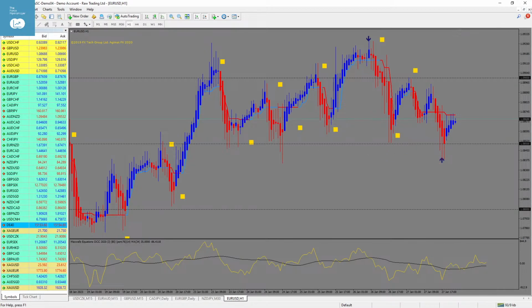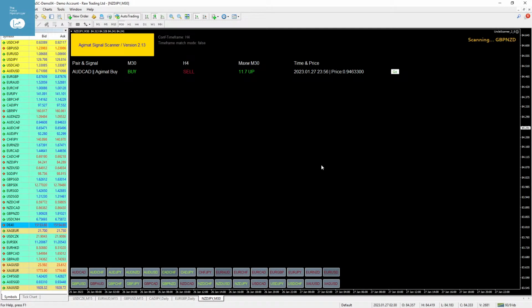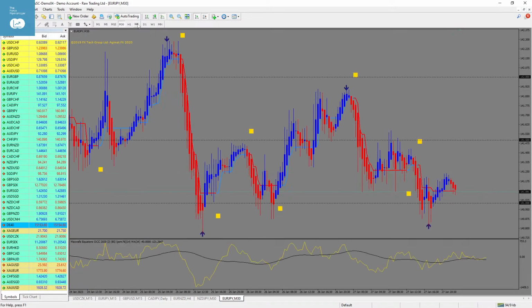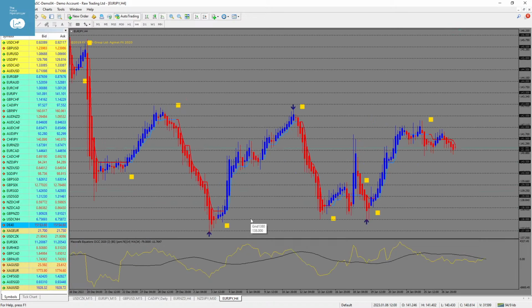I want to do some more pairs, maybe 10-15 minutes more to go through the pairs. Let's check the Euro Yen, for example. The last valid signal was here from the Agimat system so far. You can see the blue arrow, the yellow box, and then we had all these nice blue Heikin-Ashi candles.